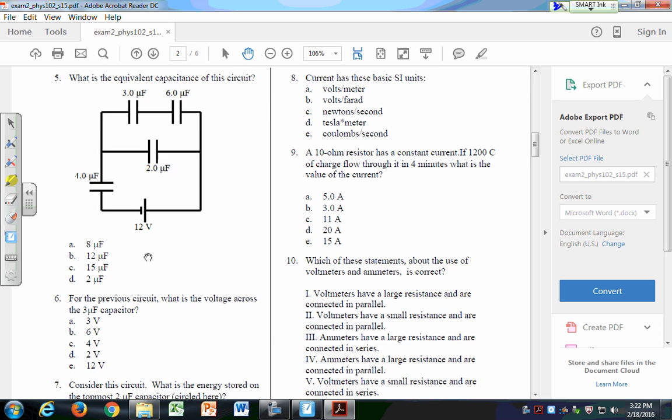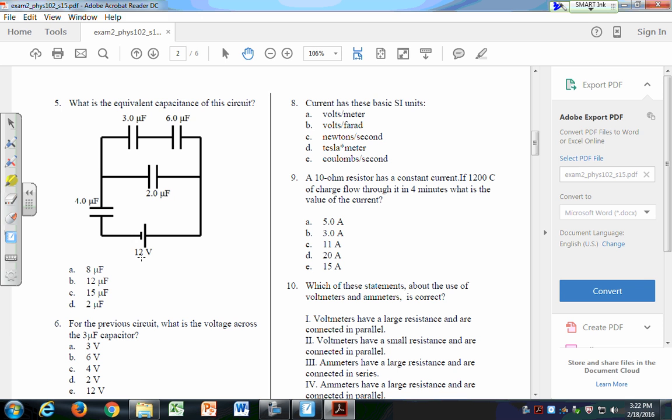Can you look in the back and see if this is the same as what we have in the book? It's exam 2, number 5. Oh, no, that's 2013. Okay, we're good. Yeah, that's 2013. Okay, so let's do this. You see a lot of similar circuits, but they're all a little bit different too.